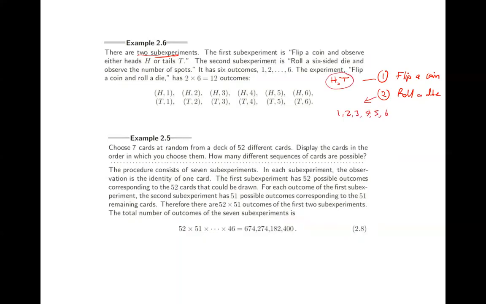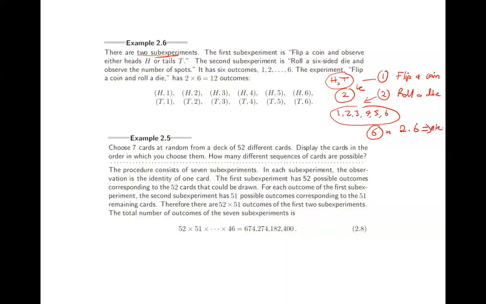So the total number of outcomes for the first sub-experiment is 2. The second sub-experiment has 6 outcomes. So the total number of outcomes will be 2 times 6. Simply, this is k, this is n, so n times k. Okay?